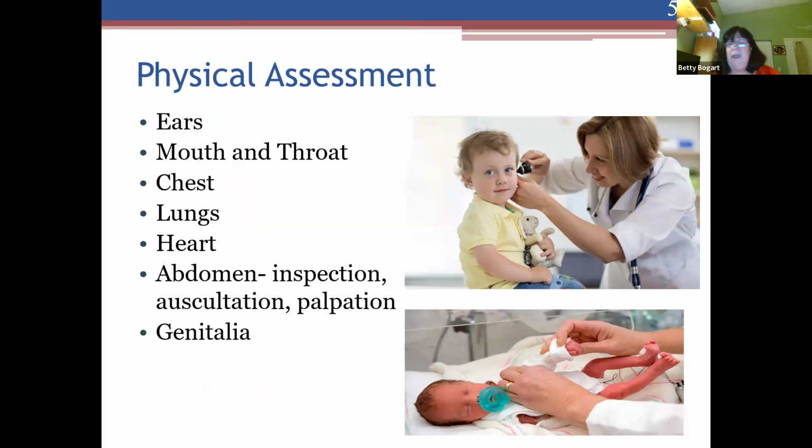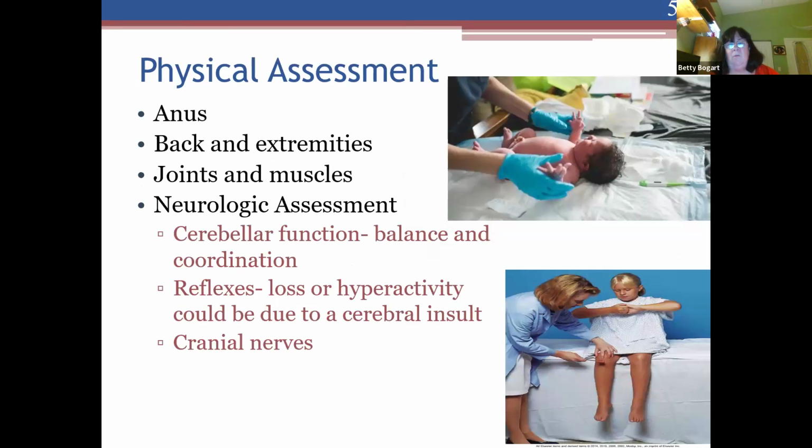There is ambiguous genitalia, which means male and female parts sometimes. Sometimes we have fused labia on females. What if you have to do a urine catheterization on fused labia? It's very difficult. So these are things that you would check out.